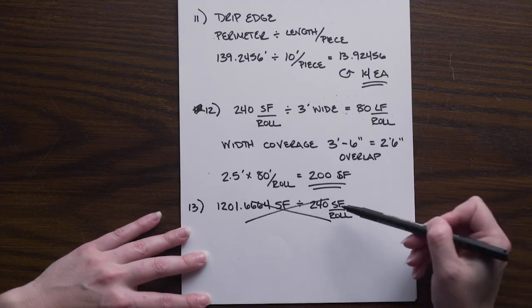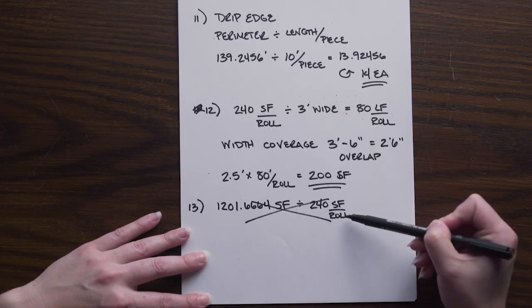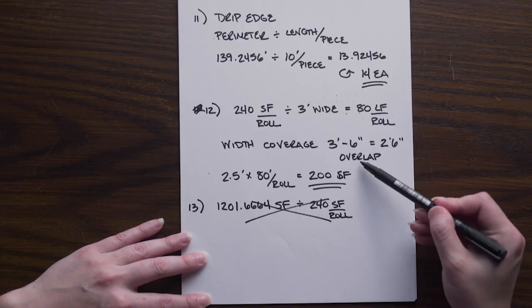Again, 240 square feet will not actually be covered on a roof simply because it is the full roll, because of this overlap.